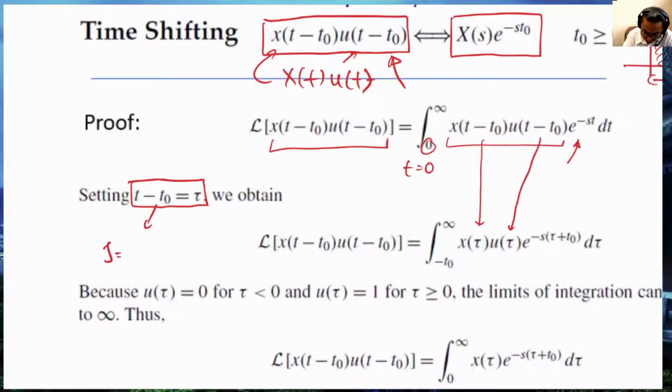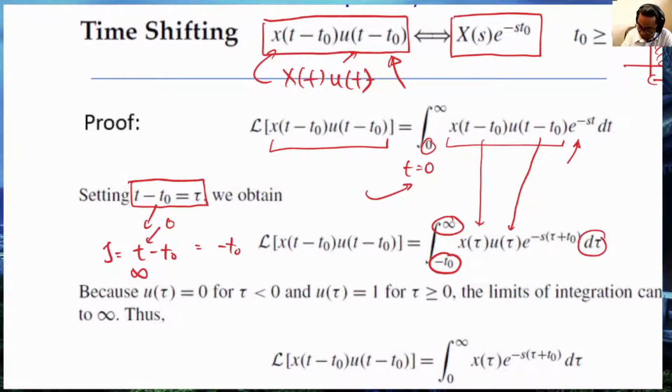Tau is equal to t minus t naught, but t on the lower limit of the integral is 0. So therefore tau is equal to minus t naught. When t equals infinity, tau is still infinity minus t naught, so it's infinity.